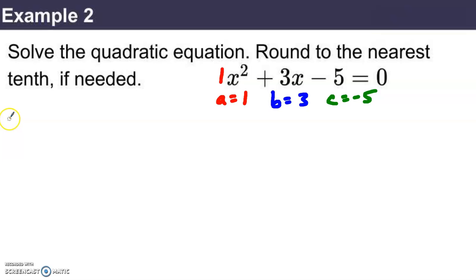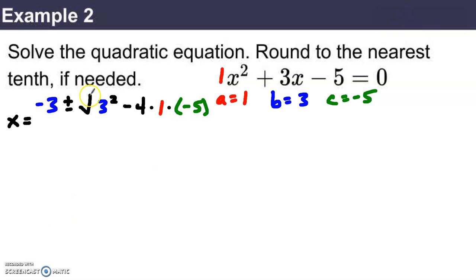So here's the quadratic formula. X equals the opposite of B, and the opposite of B is negative 3, plus or minus the square root of, now I need B squared, 3 squared, minus 4 times A times C, all over whatever 2 times A is.